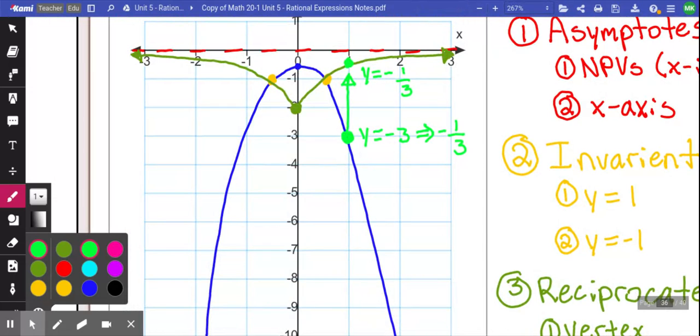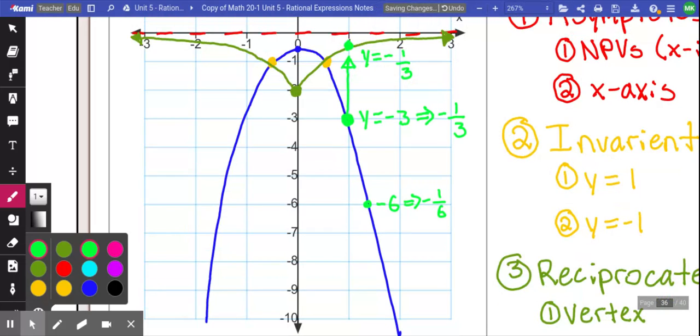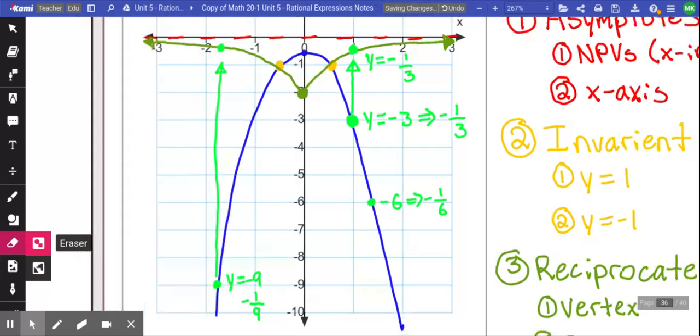And you could do that for all these points. Like this one is at -6. That means it should go all the way down to -1/6, a very small number up here. You could go all the way over here. This is y equals -9. The reciprocal should be -1/9, which is a very small decimal. And if you look, it reciprocates all the way to a very tiny y value decimal, which is why these reciprocals look the way they look.